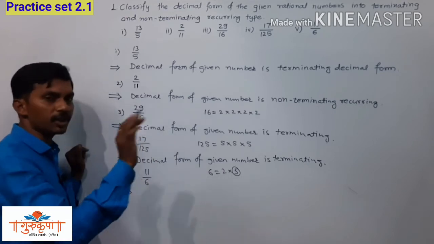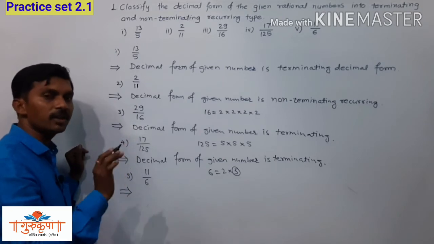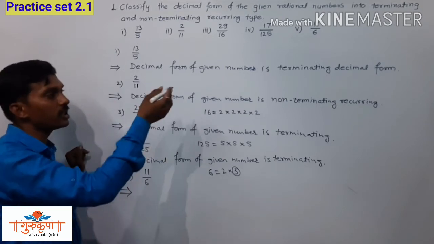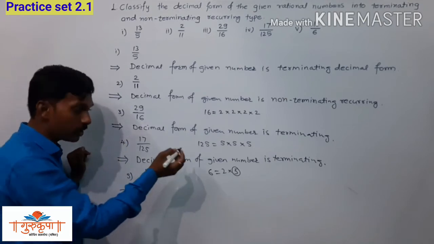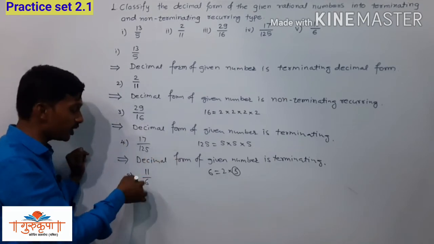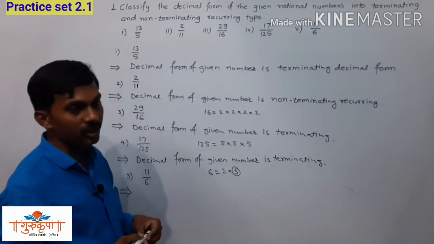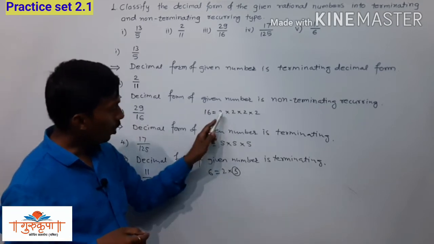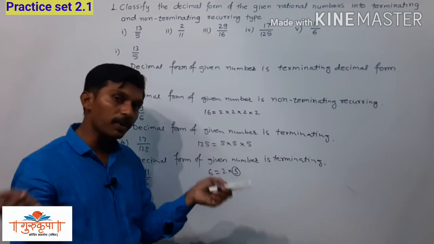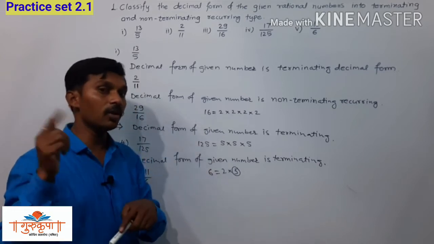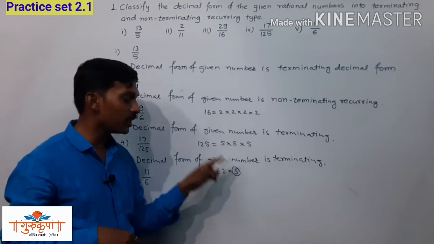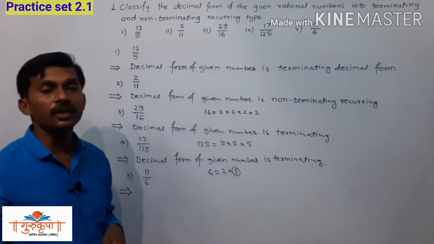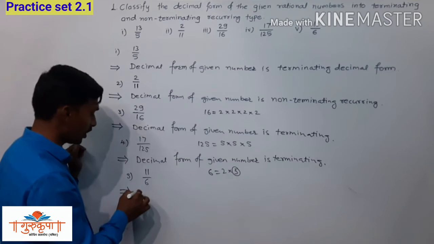You can divide and check, but it is not necessary to divide, since we have a trick. If the prime factorization of the denominator is in the form of 2 or 5 or 2 and 5 both, fine. But if a third number appears in the prime factorization, then definitely that is non-terminating recurring decimal form.